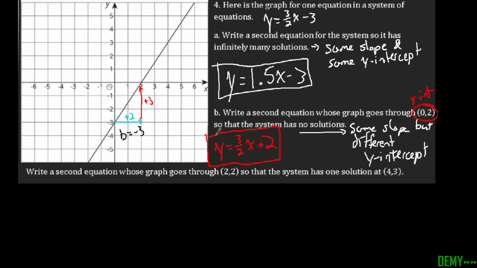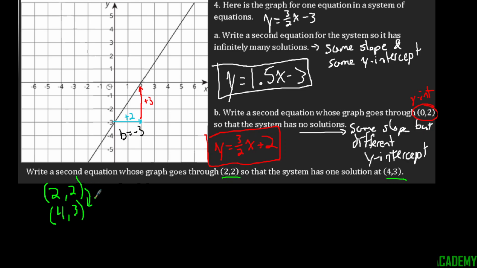And then for the last one, it says write an equation whose graph goes through 2, 2, so that the system has one solution at 4, 3. And so what we can do is come up with our equation using these two points. So I'm going to write it like this. I have 2, 2 and 4, 3.